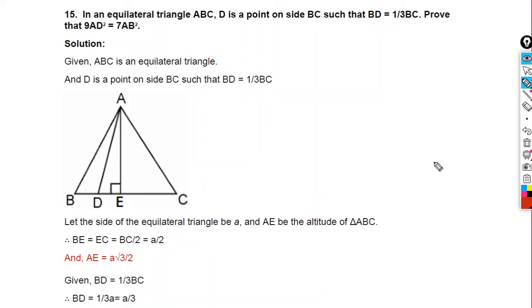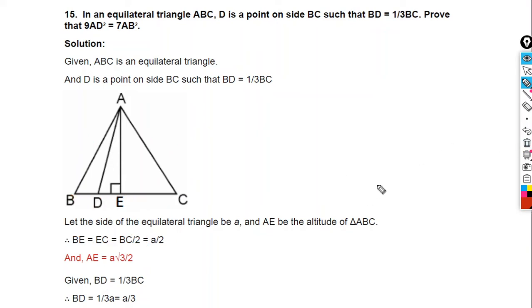Now BE equal to EC, equal to BC by 2, because AE is the altitude of triangle ABC, which is an equilateral triangle. Therefore BE must be EC, which is half of BC. So BE equal to EC equal to BC by 2, which is A by 2. Why? Because we have assumed all the sides as A.